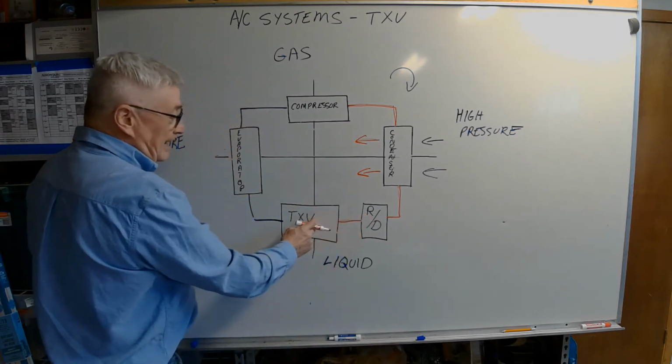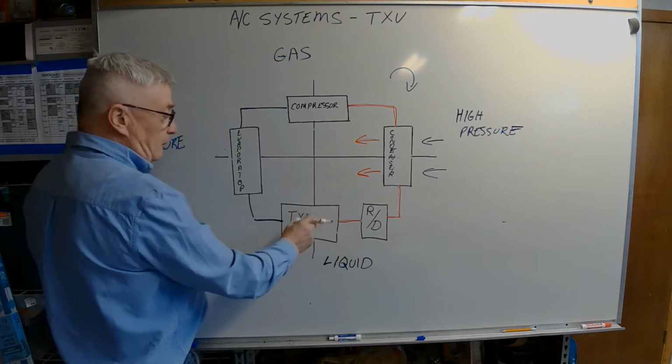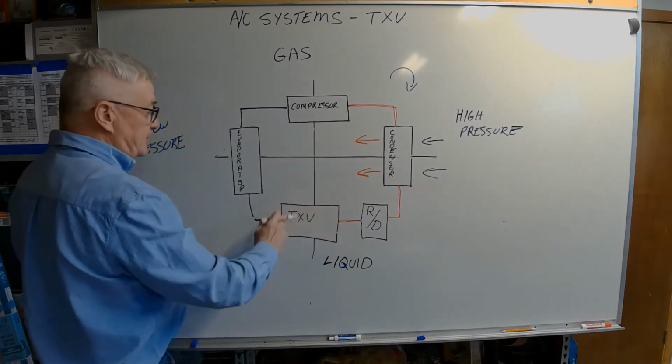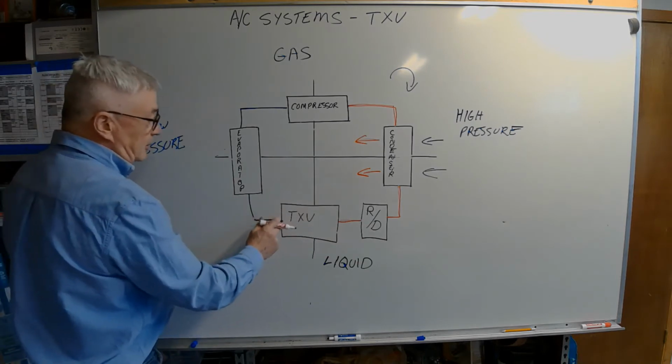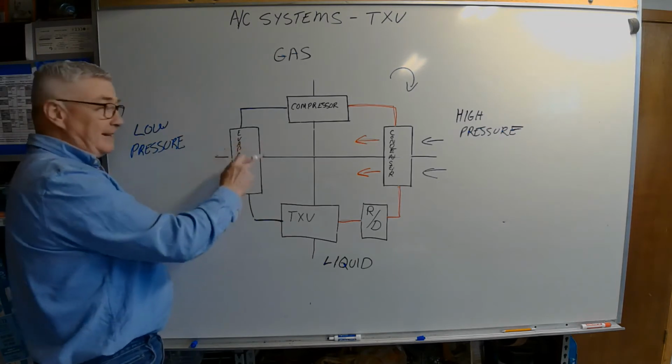The refrigerant passes through the TXV, and in here we have a restriction, and when we have flow going through there, we create a pressure drop. The pressure drops and the refrigerant will start at that point to evaporate in the evaporator.